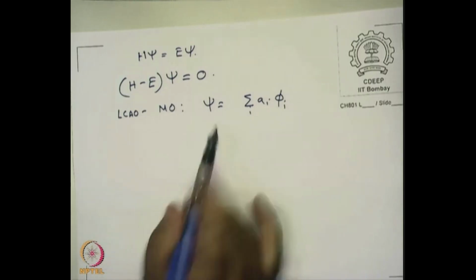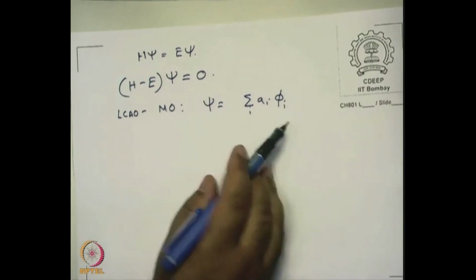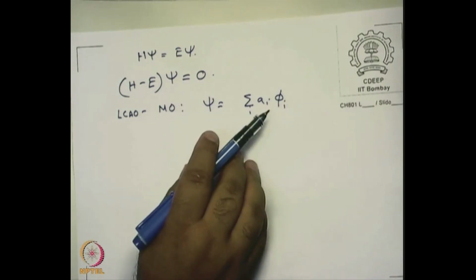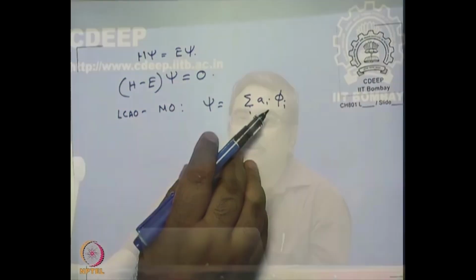So, psi here is the molecular orbital, the phi's are atomic orbitals. So, you write the molecular orbital as a linear sum of atomic orbitals, right. Why do we do this? Because it is not so easy to solve the Schrodinger equation. Actually, it is impossible for anything that has too many electrons or is too big.